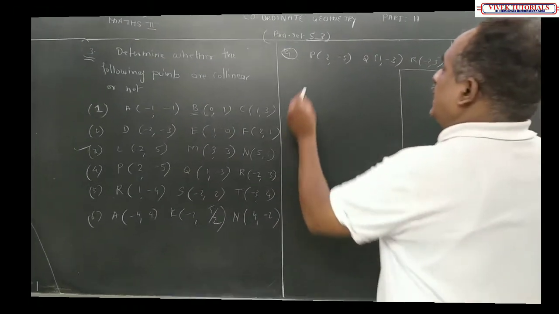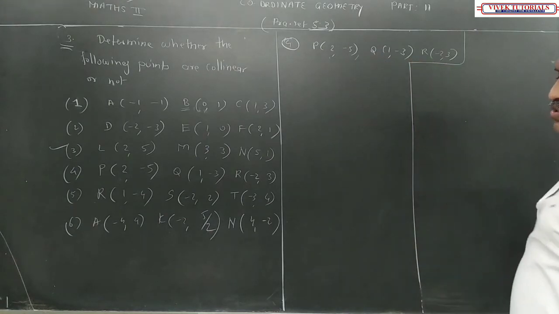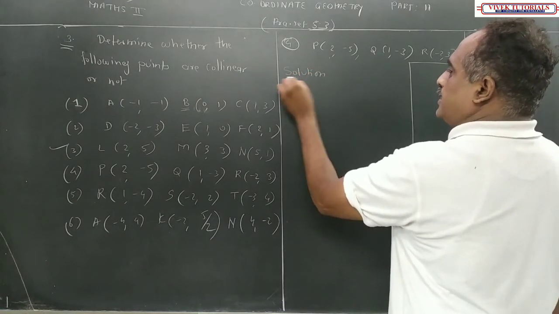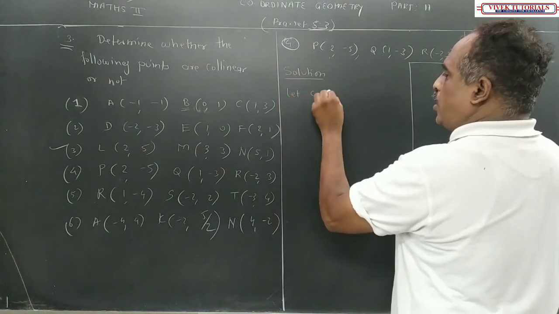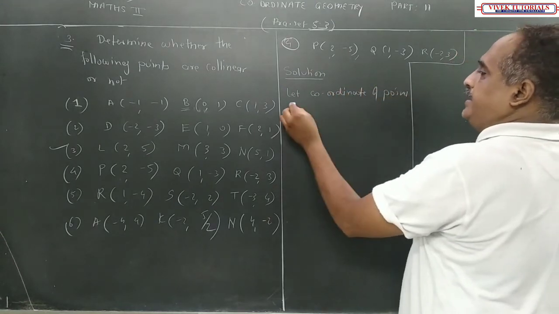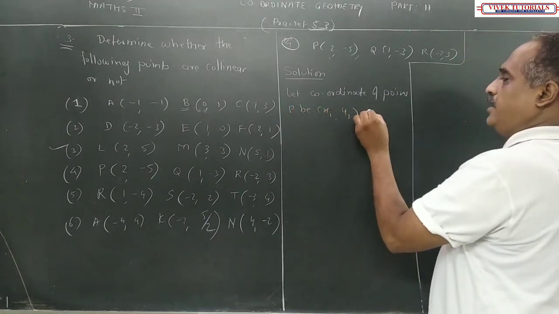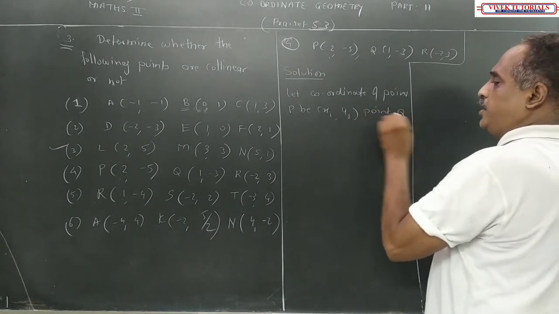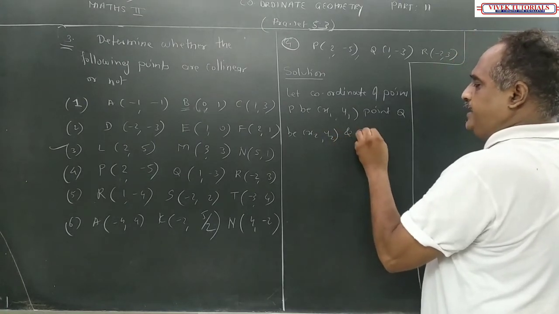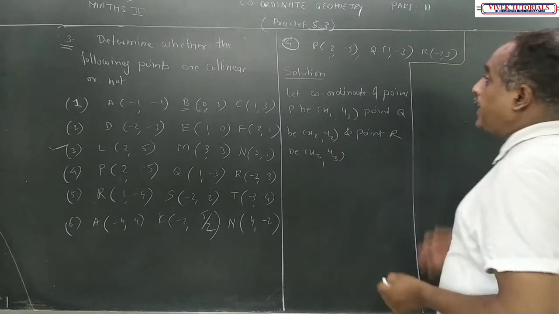Copy down it properly. P is (2,-5), Q is (1,-3) and R is (-2,3). So in this solution, let the coordinates of point P be x1, y1, point Q be x2, y2 and point R be x3, y3.